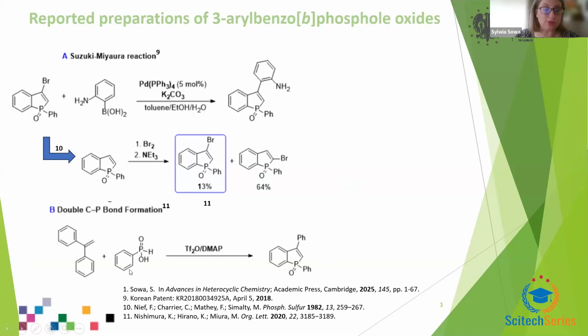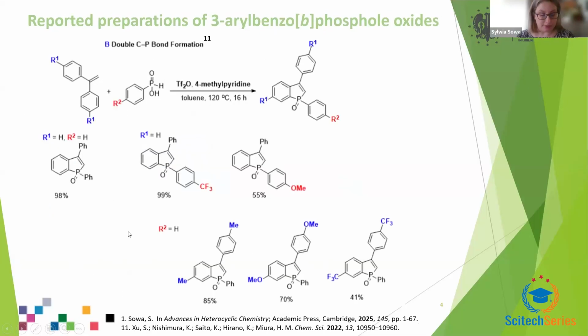3-phenyl benzophosphole oxide was obtained by a double P-C bond formation. Soon after, the scope of the double P-C formation approach was broadened, and with the employment of substituted aryl phosphinic acid and substituted diphenyl ethylenes, a new library of 3-aryl benzophosphole oxides was obtained.